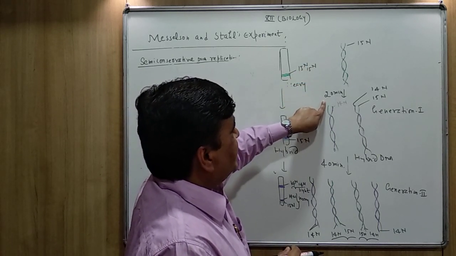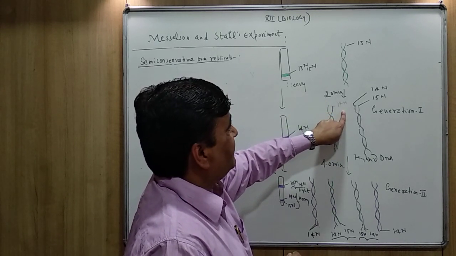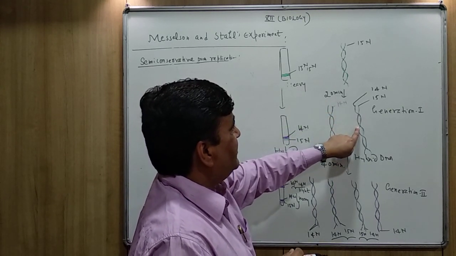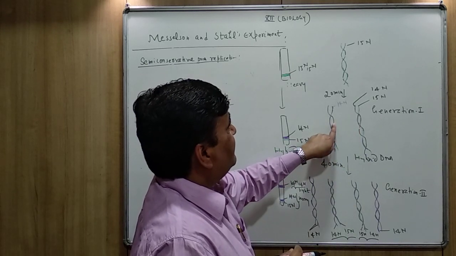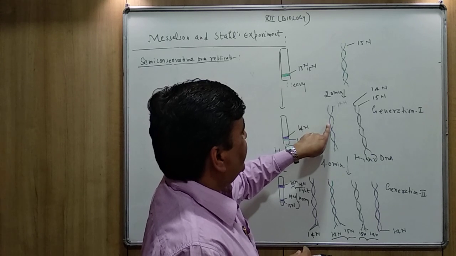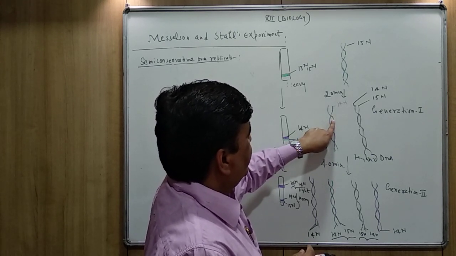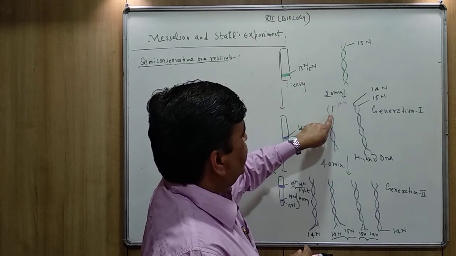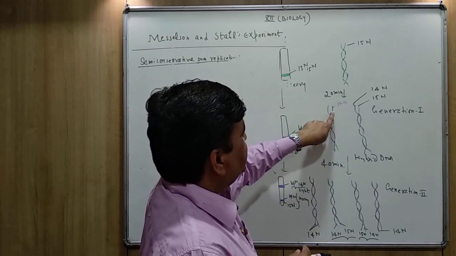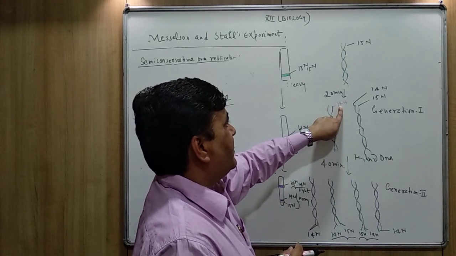But after 20 minutes, when he added 14N into the culture medium, he observed 50% of the DNA contained 15N, while the 50% which are newly synthesized are now going to be retained by the 14N isotope.